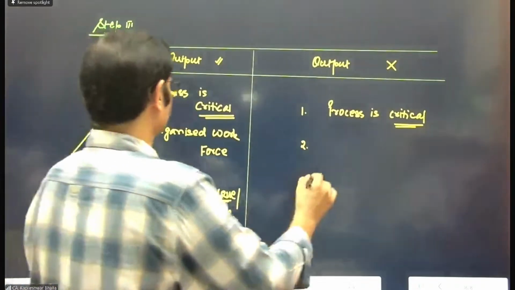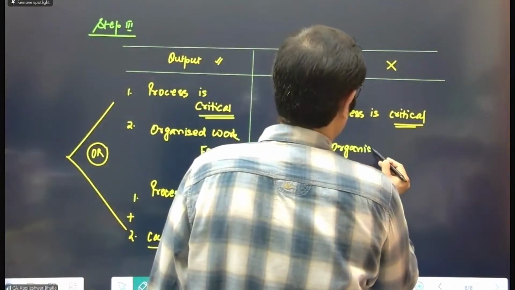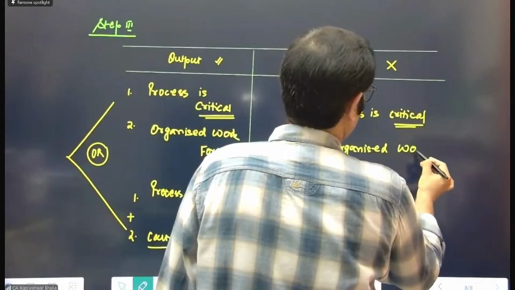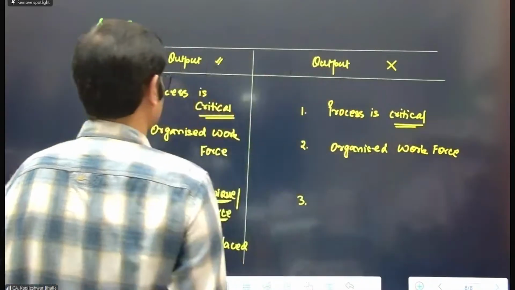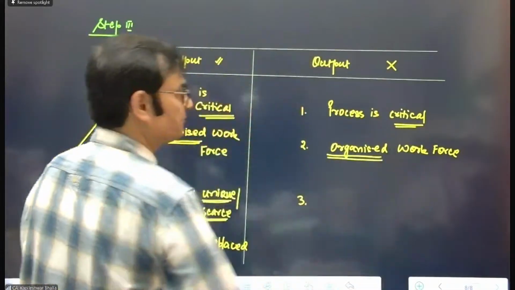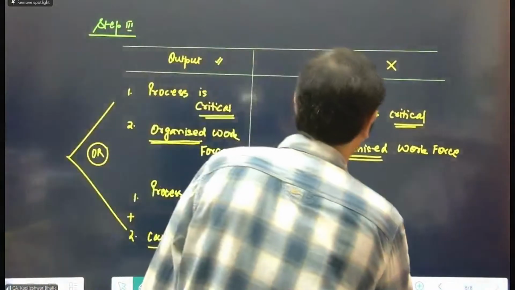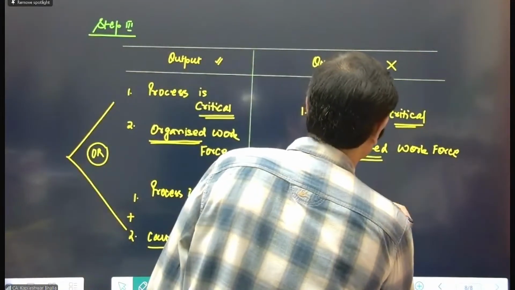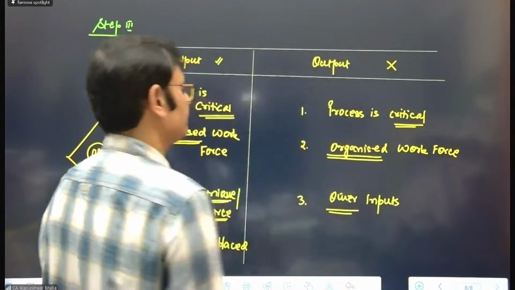The second is that we need to consider that we've also acquired an organized workforce, which is also the same condition appearing here. And the third condition is that we also acquired other inputs.